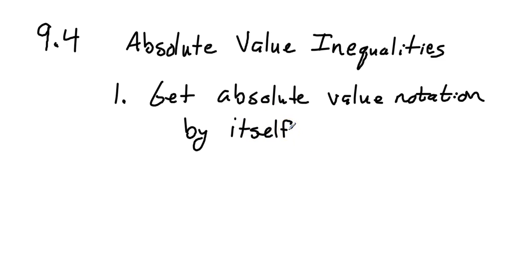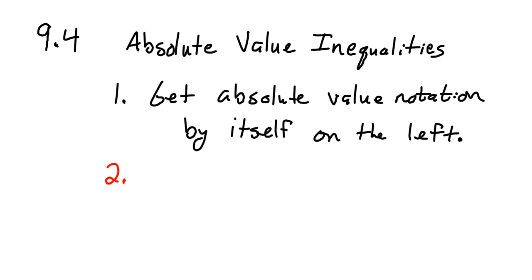With the equations, it doesn't matter where it is. That's fine. But for the inequalities, you want to get the absolute value notation by itself on the left, because it's less than and greater than. You want that x or that v or whatever that variable is first, so that when you've got it first, you've got your directions and everything is set and it goes from there.